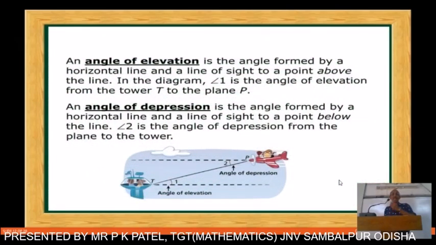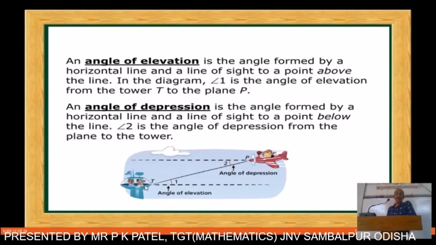I am repeating both the definitions again, angle of elevation and angle of depression. Mark, an angle of elevation is the angle formed by a horizontal line and a line of sight to a point above the line. In this diagram, angle 1 is the angle of elevation from the tower T to the plane P. So this is the figure.